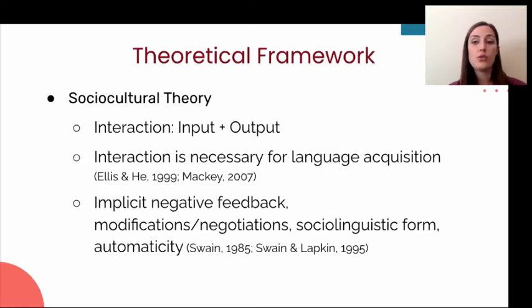Interaction may lead to language acquisition in many ways, including providing implicit negative feedback to a learner, or modifications or negotiations when communication breaks down, or development of correct sociolinguistic forms, not just correct grammatical forms, as well as automatizing their output.